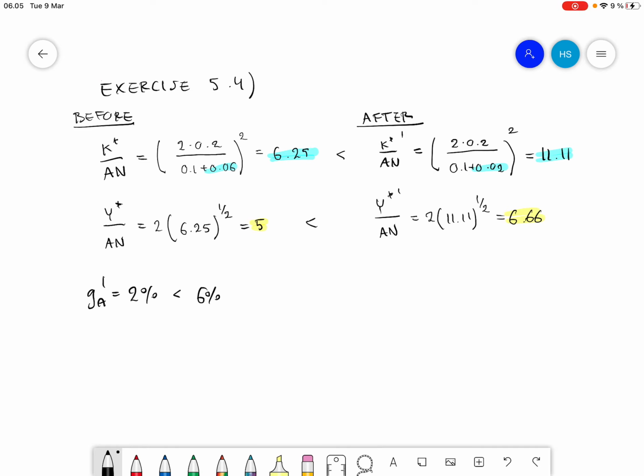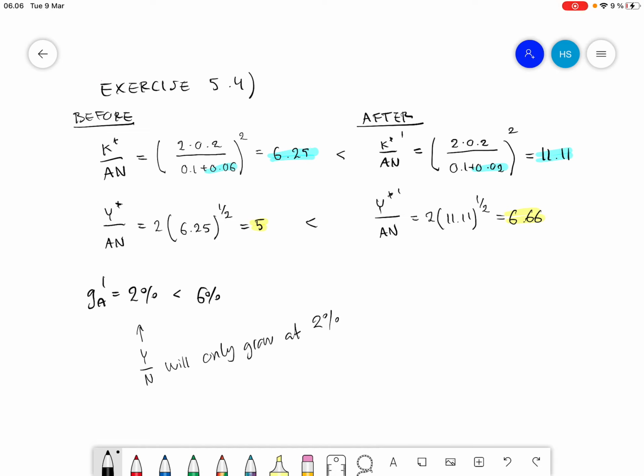But since technology now only grows at 2%, we will have that output per effective worker will only grow at 2%.